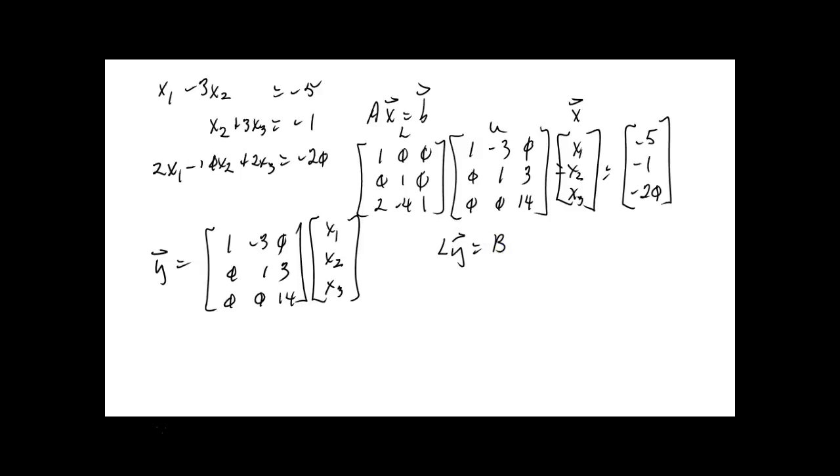Your lower triangular matrix, basically this thing times that thing, is equal to b.